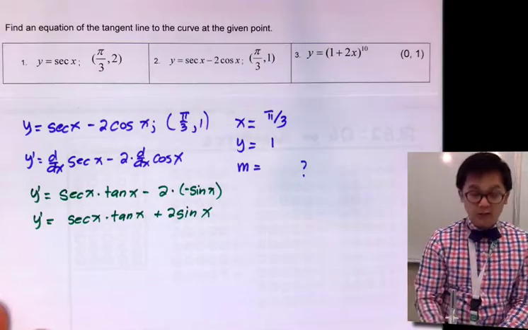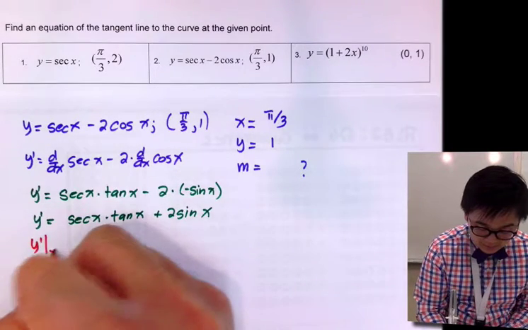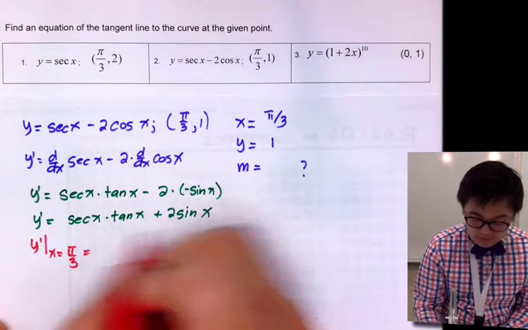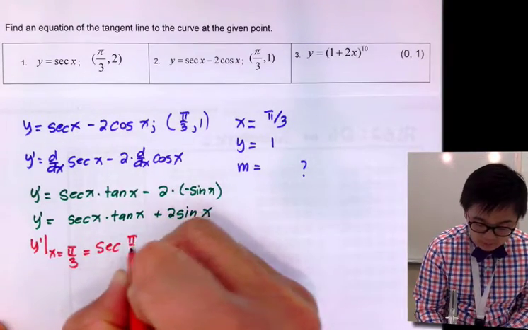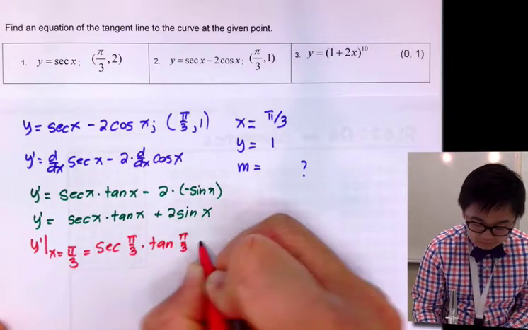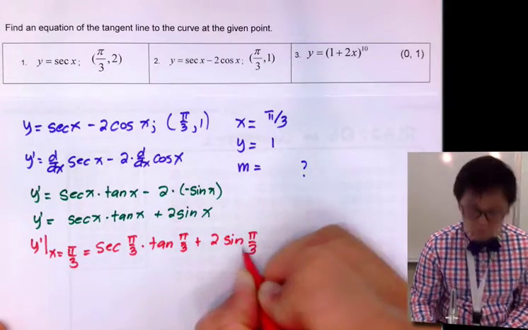All we need to do now is to evaluate the derivative at x equal to pi over 3. So we will replace all the x's with pi over 3. We'll have secant pi over 3 times tangent pi over 3 plus 2 sine pi over 3.